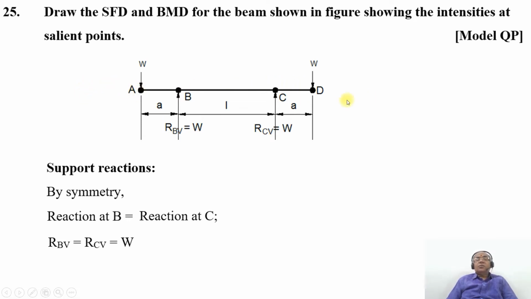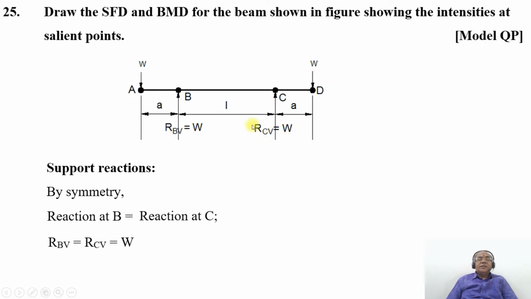In other words, you can also calculate by taking moments about the point B. Once you take moments about the point B, RCV into L will be in the counterclockwise direction. Then, since it is the moment about the point B, that is again W into a, so W into a, and that is equal to capital W into (L plus a).